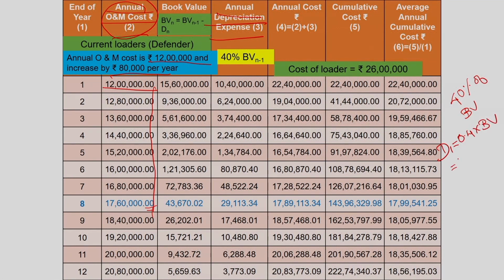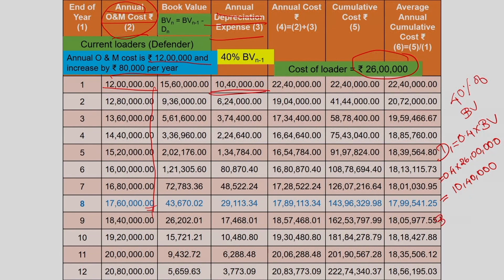So beginning of the first year, what will be the book value? It is nothing but the cost of the loader, 26 lakh. 0.4 into 26 lakh gives you the depreciation as 10 lakh 40,000 for the first year.